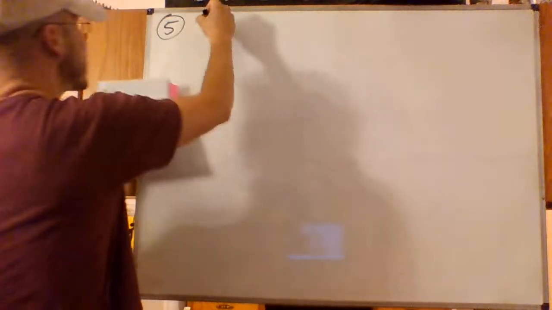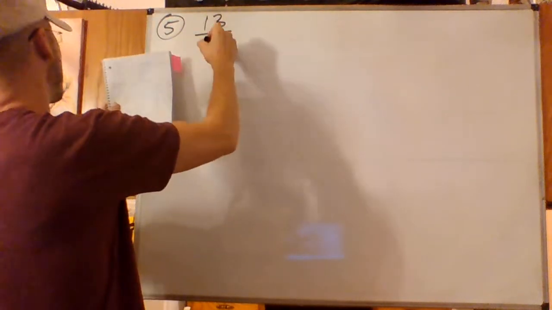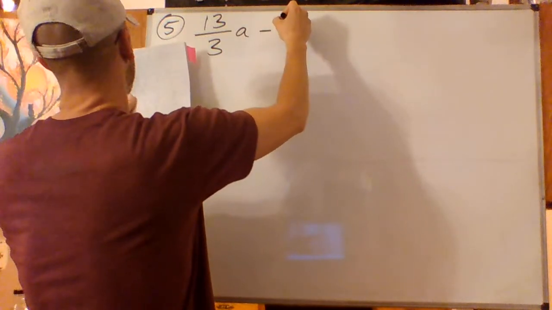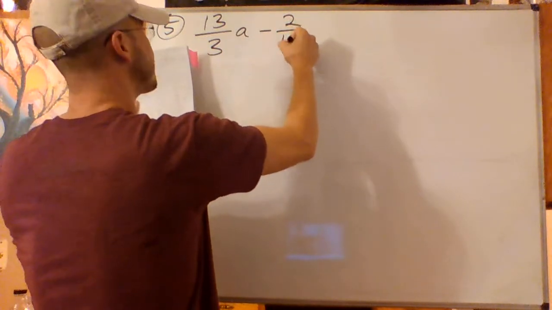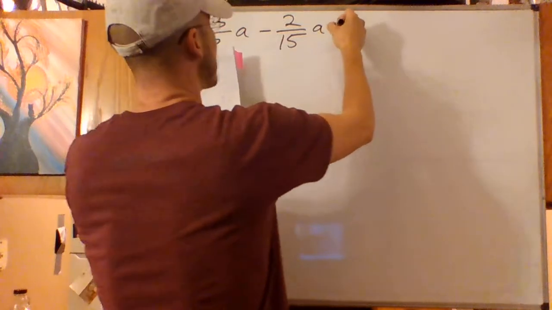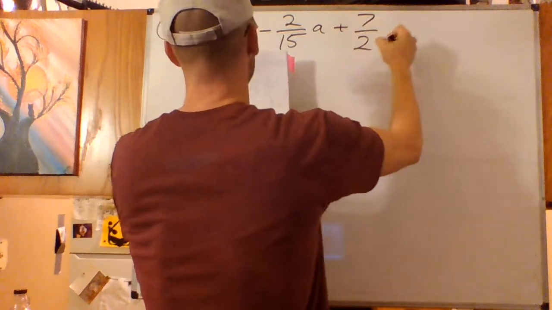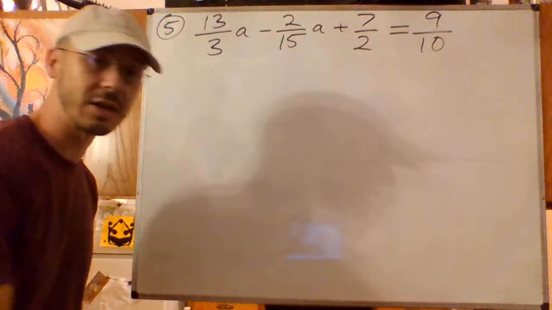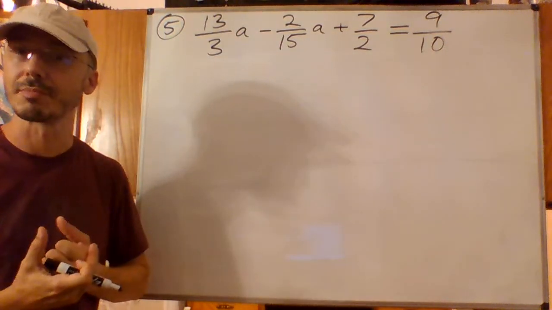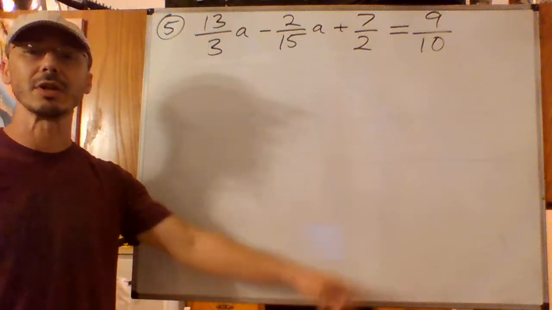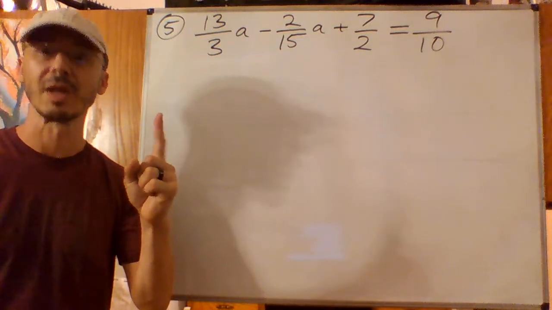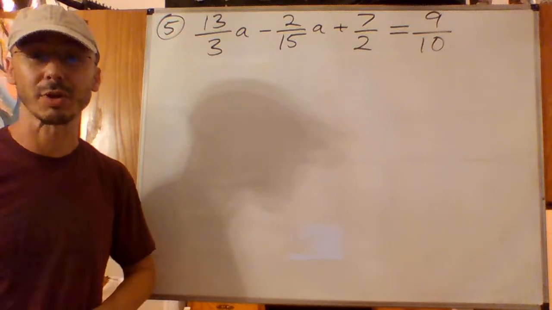What I'm going to do is another way, and I'll do it both ways later on. But with this problem, because there are so many fractions, I want to demonstrate the technique of multiplying by the LCM to clear the equation of fractions in one step. Then the rest of the steps will be actually pretty quick.